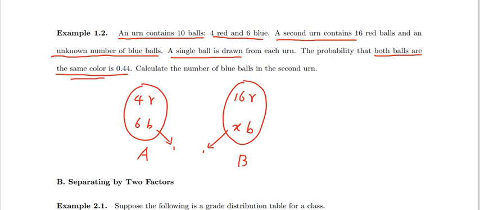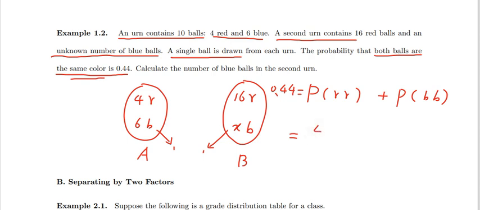So there could be two cases. The probability that both of them are red, or both of them are blue. So this probability equals 0.44. How can we find those probabilities? From here get a red one, from here get a red one.